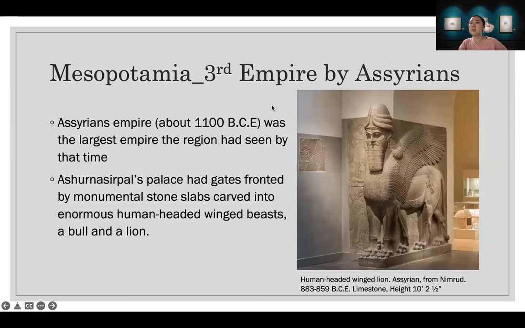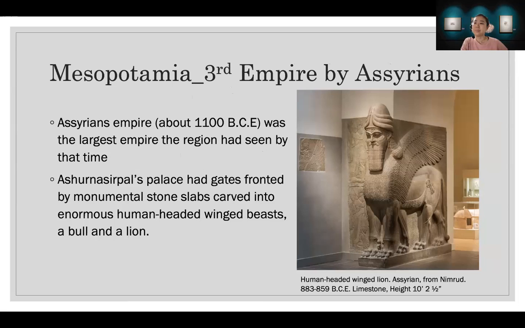Now let's see the third empire of Mesopotamia, by the Assyrians. Assyrians had been gathering power and territory since before 1100 BCE, and their military strength increased significantly under Ashurnasirpal II.